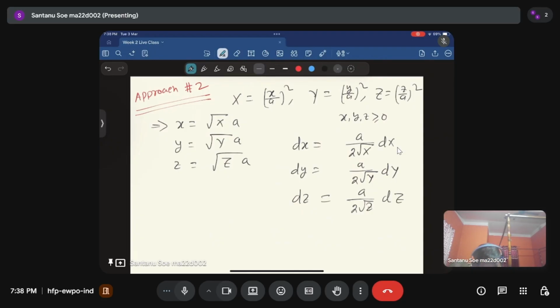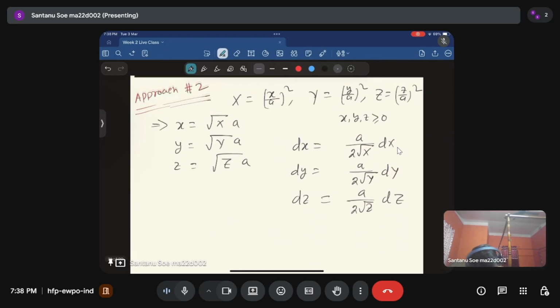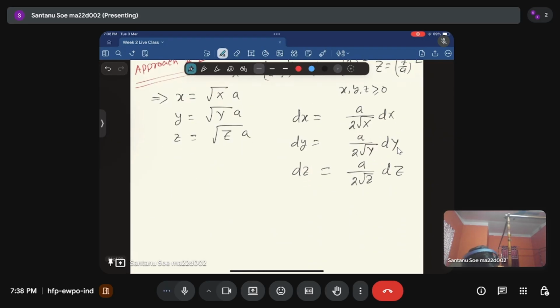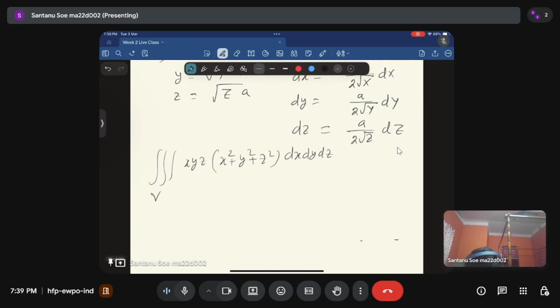Correct? So now our triple integration over V, x y z into x square plus y square plus z square dx dy dz will be changed into the triple integration over the new region V prime.